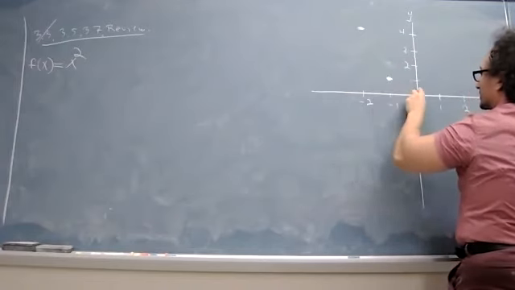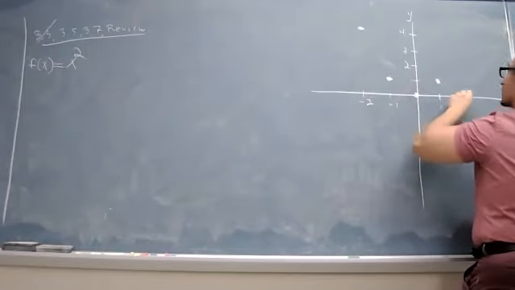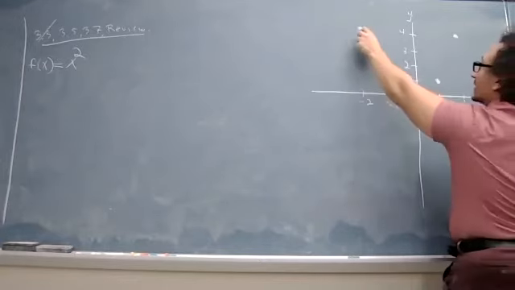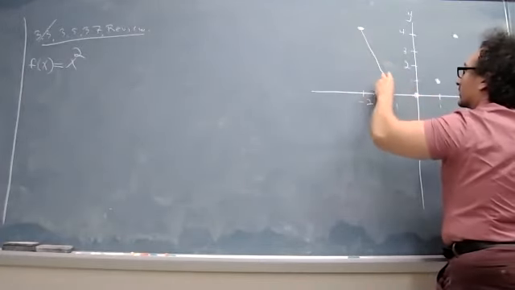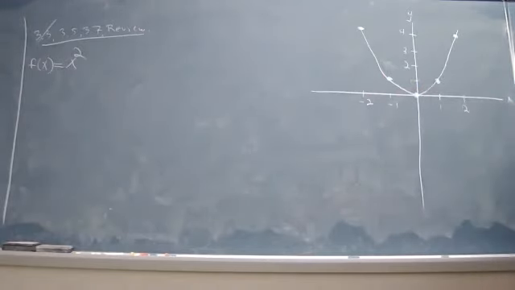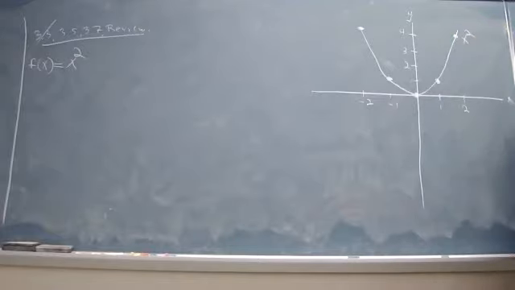At 0, it produces 0, put a dot. At 1, it produces a 1, and put a dot, and at 2, it produces a 4, and I put a dot. Connecting these dots, we get something called a parabola, okay? In white, we have x squared.